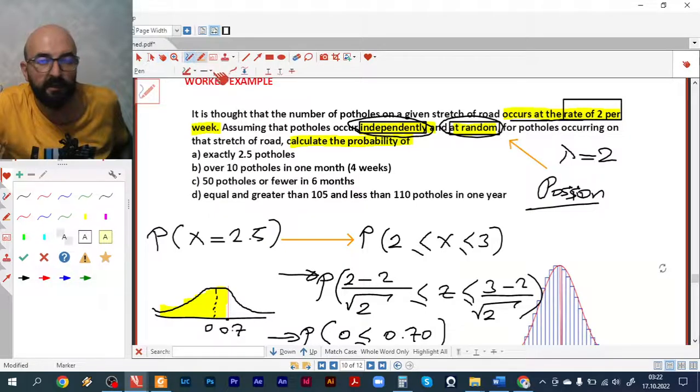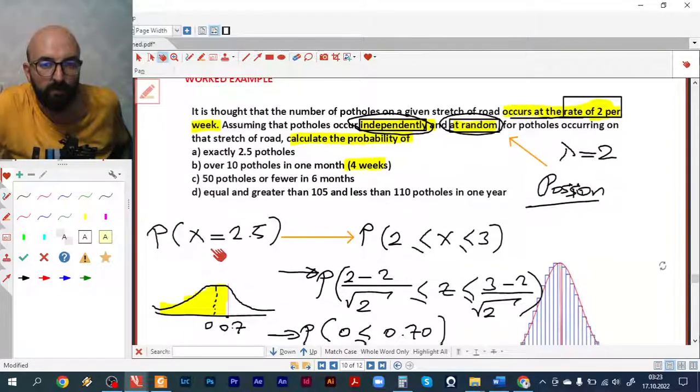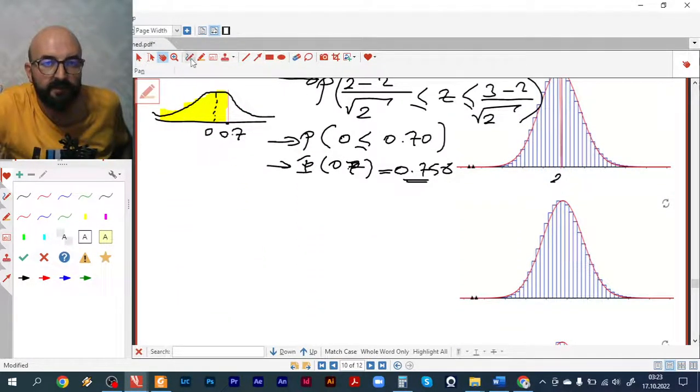The other question, over 10 potholes in 1 month. Please notice that they give us lambda 2 per week, but they ask us for 4 weeks. So we should find the new lambda for a month.